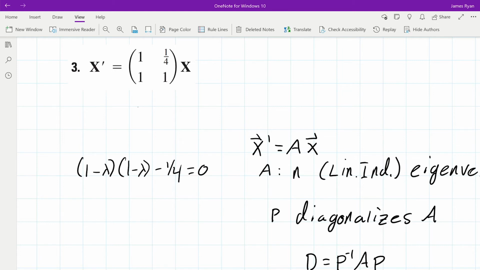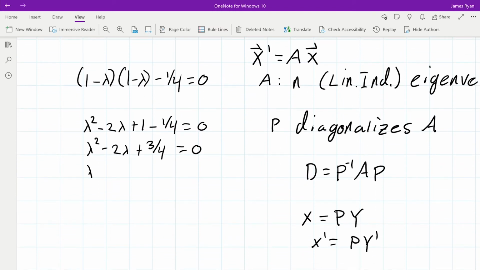If we expand this out, we get lambda squared minus 2 lambda plus 1 minus 1 over 4, or lambda squared minus 2 lambda plus 3 over 4, equals 0. We can factor this into (lambda minus 3 halves) times (lambda minus 1 half) equals 0, so our eigenvalues are lambda 1 is 3 over 2, and lambda 2 is 1 over 2.